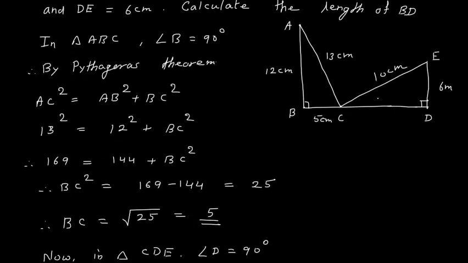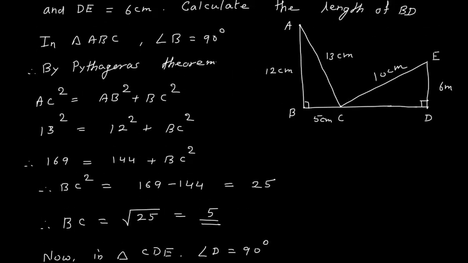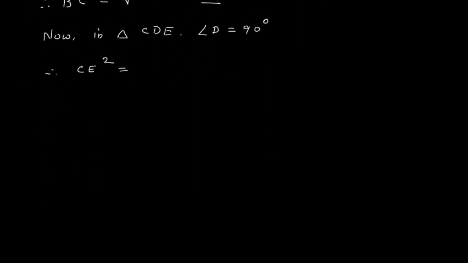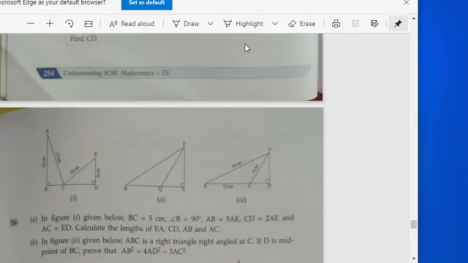So therefore, CE square is equal to CD square plus DE square. So the value of CE is 10.